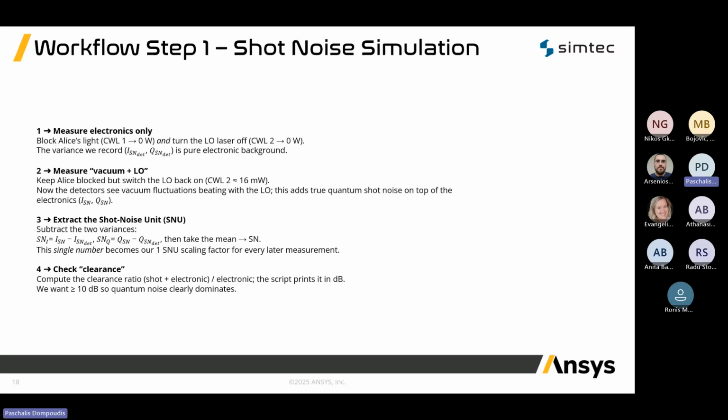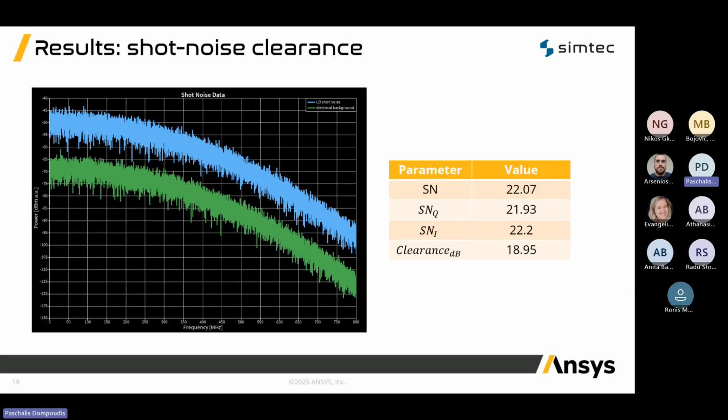And the final step is to check the clearance. The clearance is the ratio of the local oscillator plus electronics noise to the electronics noise. In decibels, that should be at least 10. Otherwise, the electronics would mask the quantum signal and weaken security.